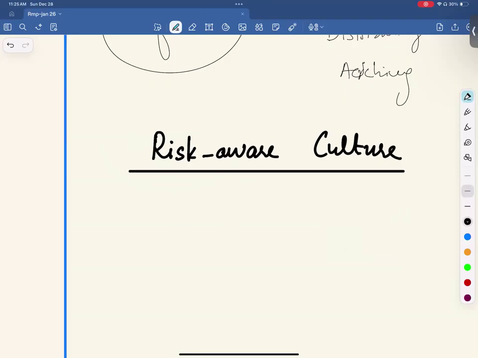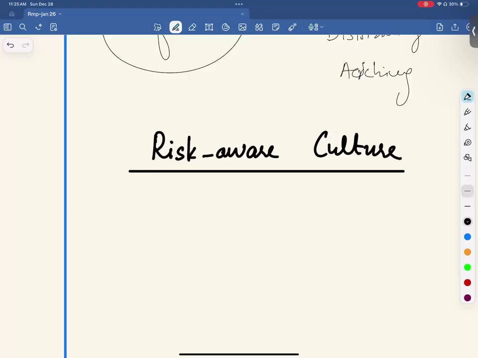I only received one assignment, from Rifat. So thank you, Rifat. Nobody else responded. Maybe you forgot. No problem. Do it later. Just assess the risk culture of your organization and tell me how it is.